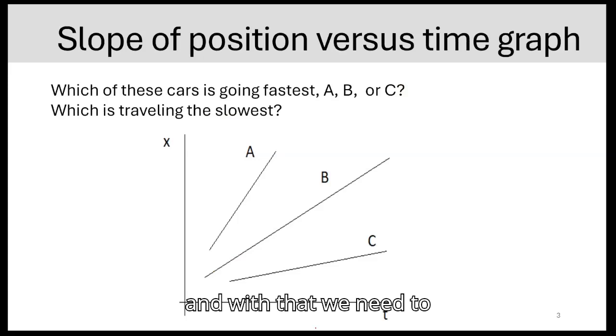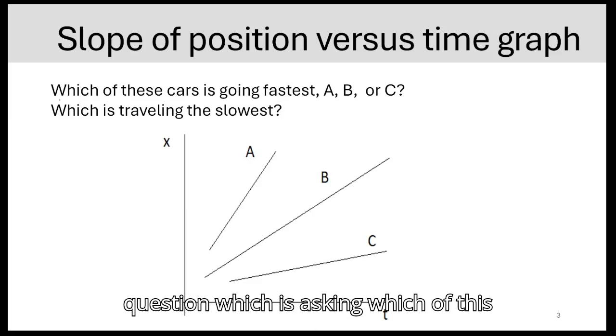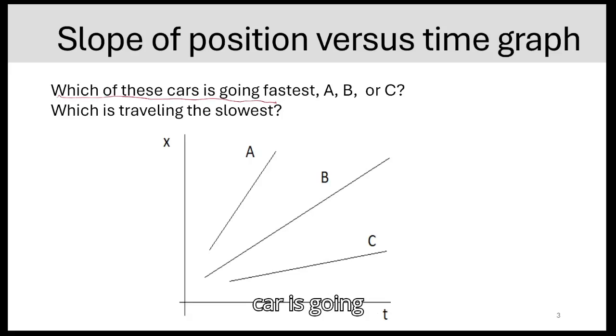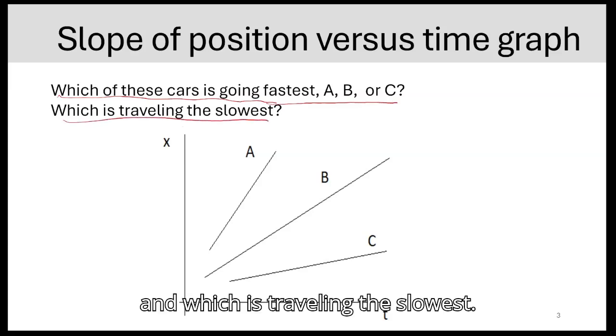With that, we need to understand what the steepness of this slope represents. Here we have a question asking which of these cars is going fastest, A, B, or C, and which is traveling the slowest.